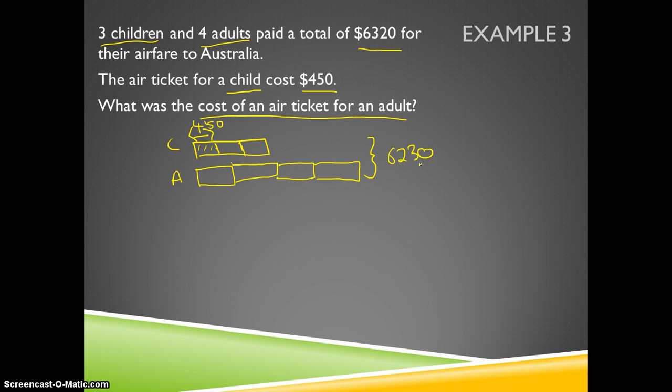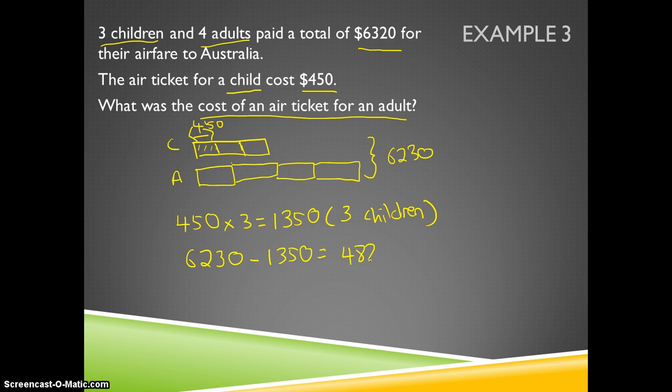So what do we need to find first? We need to find the value of the short bar representing the 3 children's airfare, because I know the cost of each. So I can take the cost of each times 3, and that will give me 1,350. This is the cost of 3 children. Now I can subtract off the 3 children, and that will give me 4,880.